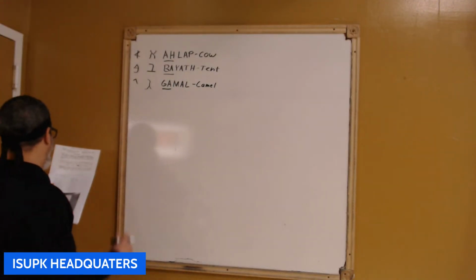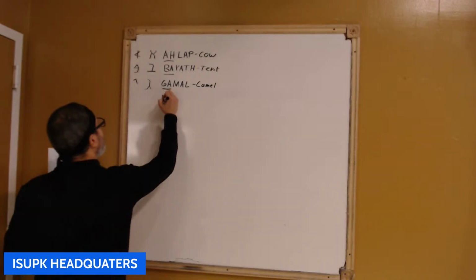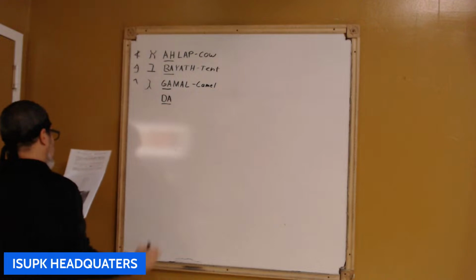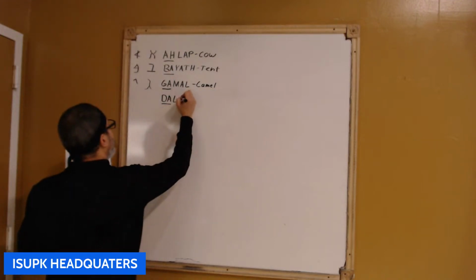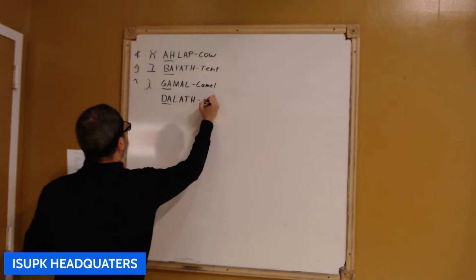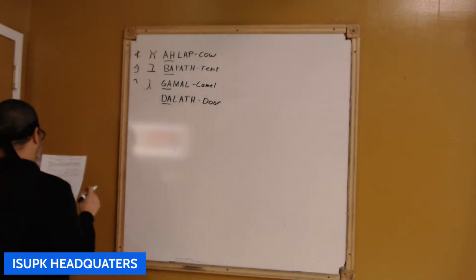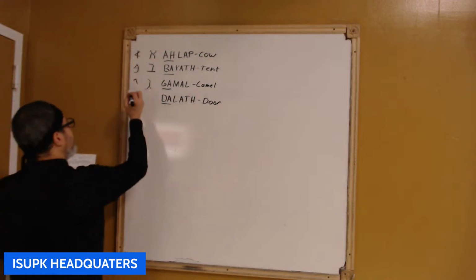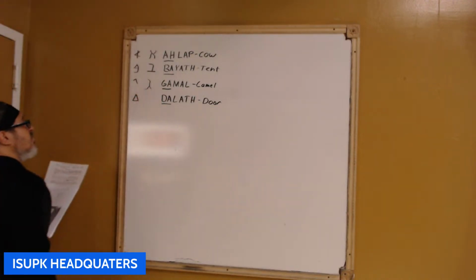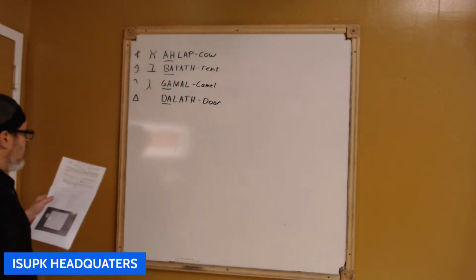So next we have is the Da. The Da is short for Daloth, which is door. And this is a triangle in the ancient.